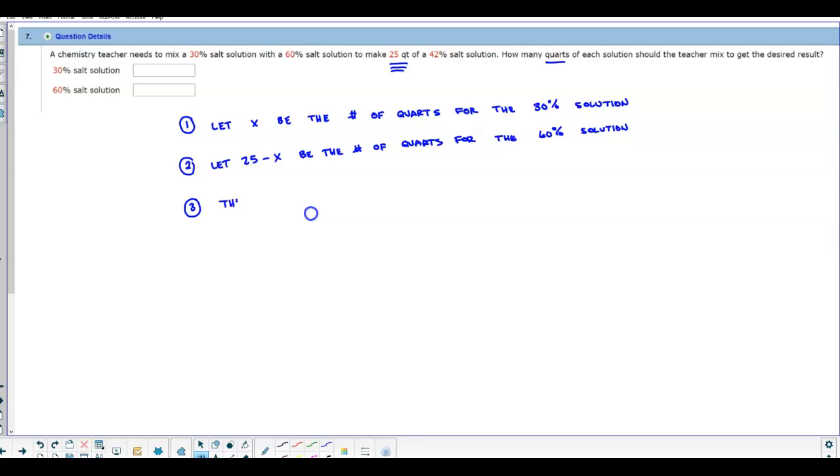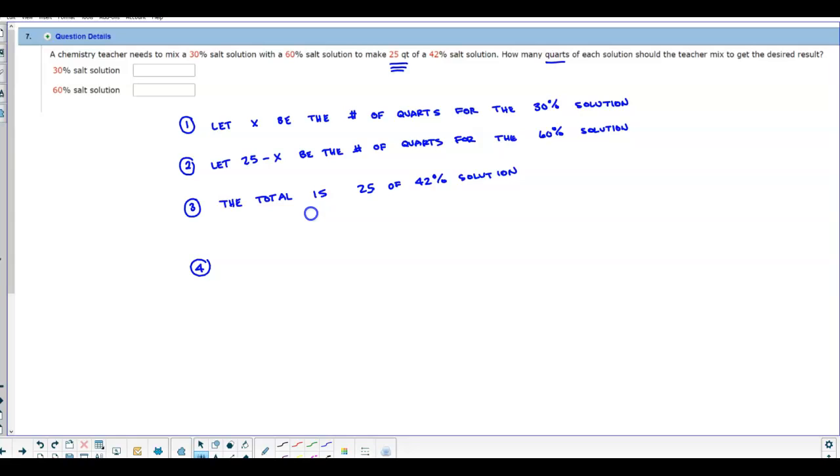So the total is 25 of the 42% solution. So now we can rewrite this as an equation.